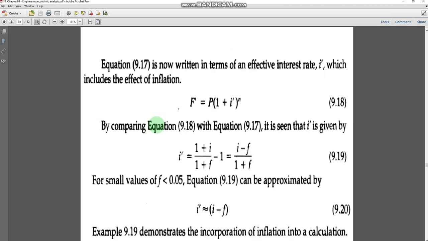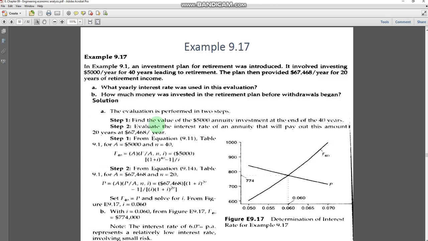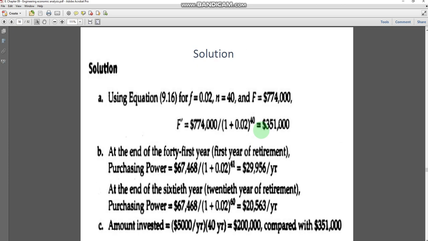In example 9.17, we calculated that if you invest the amount of money that you save every year and you get some 6% profit, then at the end of 40 years you would have this much money, and then you can have the annuity of $67,468 per year.